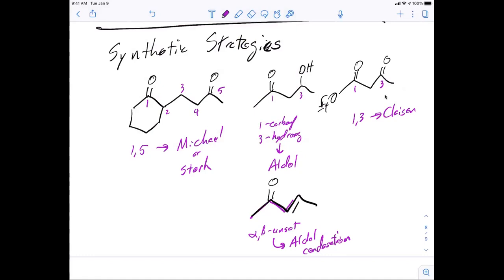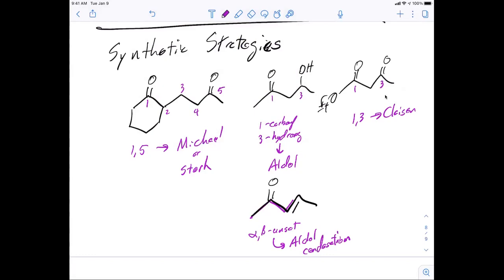So a 1,5 is a dead giveaway that you're dealing with a Michael or a Stork. You don't see the 1,5 carbonyl in a Robinson annulation because it then reacts again, but potentially a Robinson. The 1,3 hydroxy, that's an aldol. The 1,3 dicarbonyl, that's going to be some type of Claisen reaction.